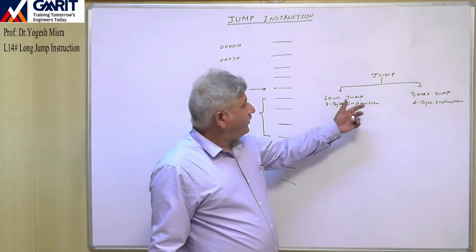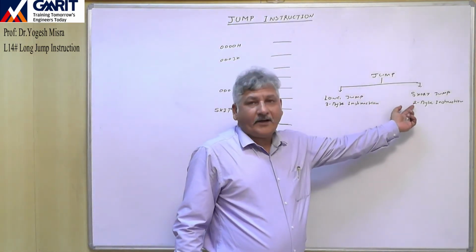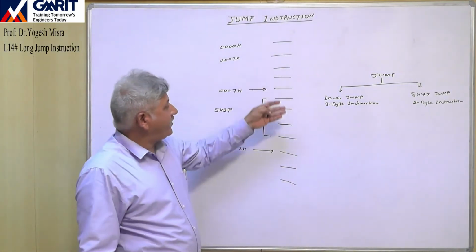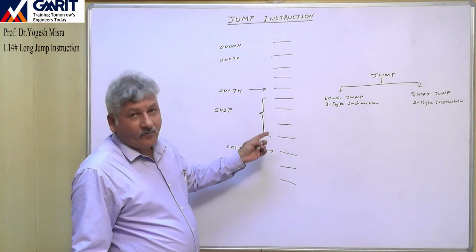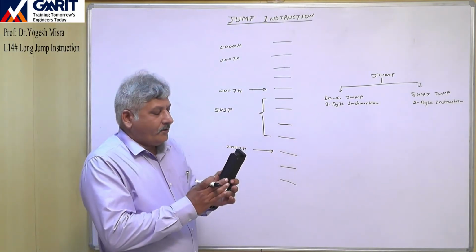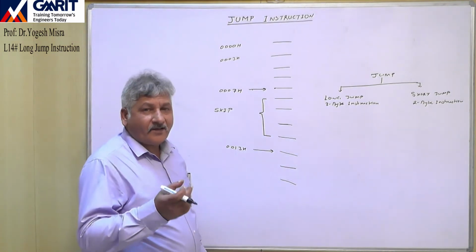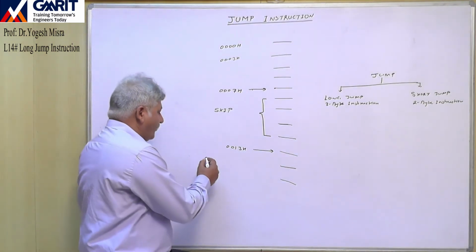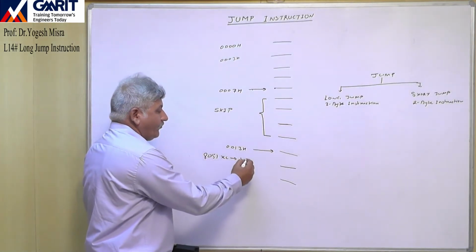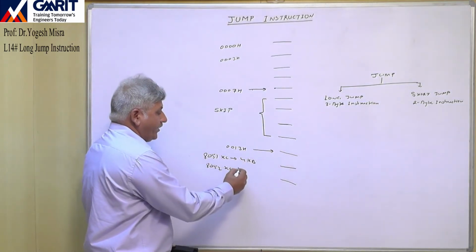So if we use short jump in place of long jump, we can save 1 byte of our code memory, because ultimately whatever instructions we write are loaded in code memory. And we know the capacity of the ROM in a controller is fixed. For example, in the 8051 microcontroller it is 4 KB, and in the 8052 microcontroller it is 8 KB.